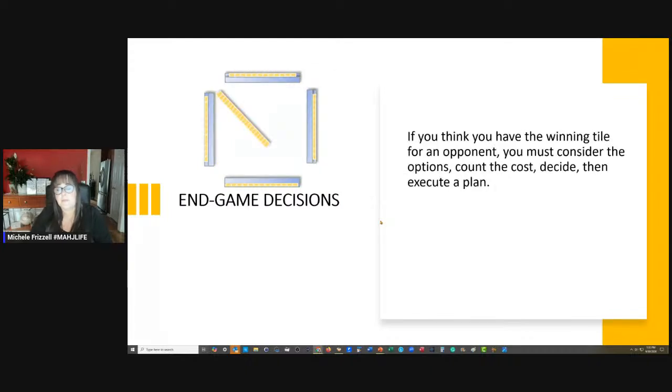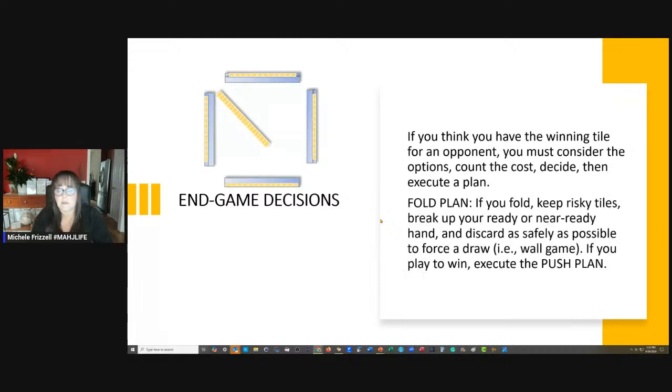In the end game, if you think you have the winning tile for an opponent, you must consider the options, count the cost, decide, and then execute a plan. There's a fold plan. In Mahjong, when you fold, you don't just stop playing like in poker, where you fold and muck your cards, throw them in.